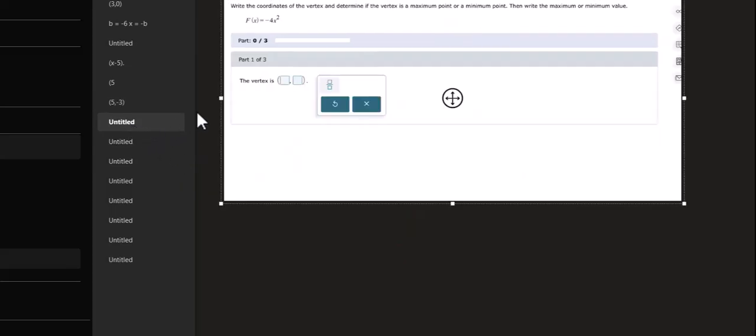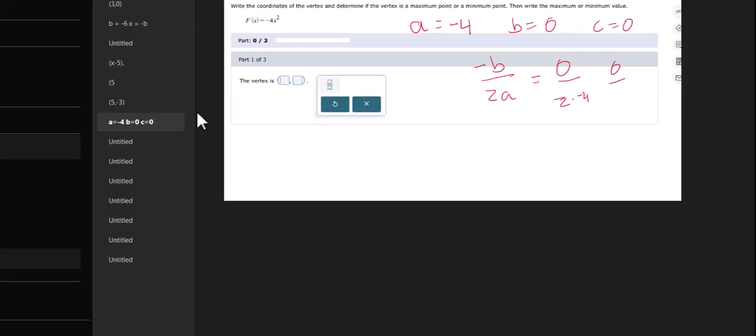Coordinates of the vertex, and determine if the vertex is a maximum or minimum point, then write the maximum or minimum value. So A is negative 4, B is 0, C is 0. Minus B over 2A is 0 over 2 times negative 4. 0 over negative 8 is 0. 0 divided by anything is 0.